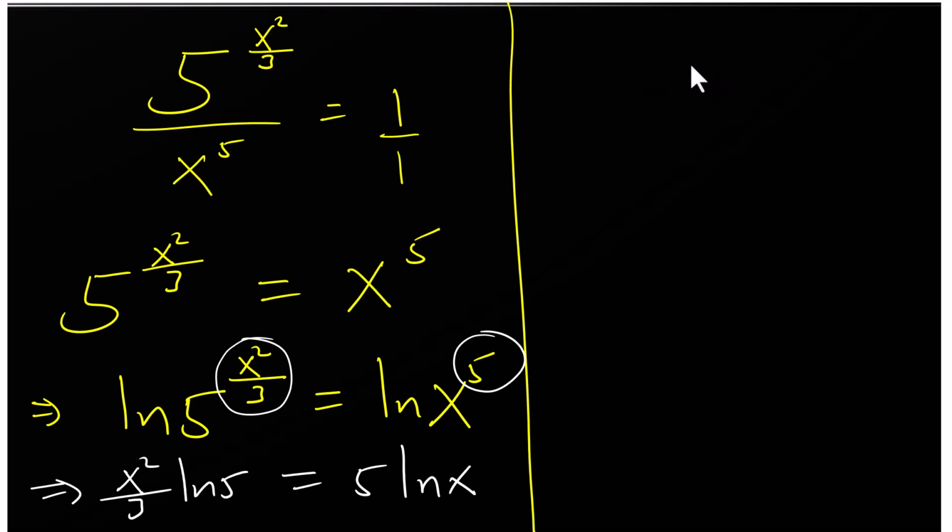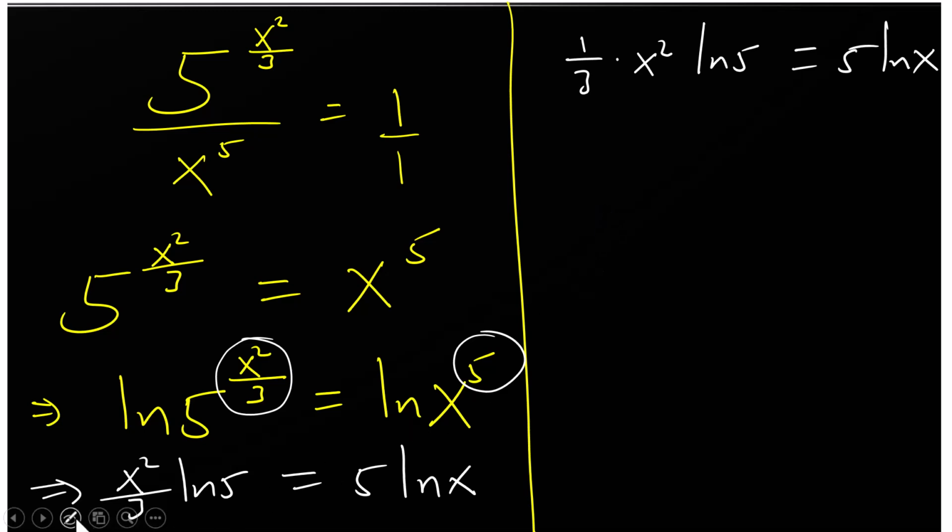Now what do you see here? We can write this one as 1 over 3 times x squared ln of 5 equals to 5 ln of x. Now let's dissolve the 1 over 3. We can multiply both sides by 3 in order to get rid of this.